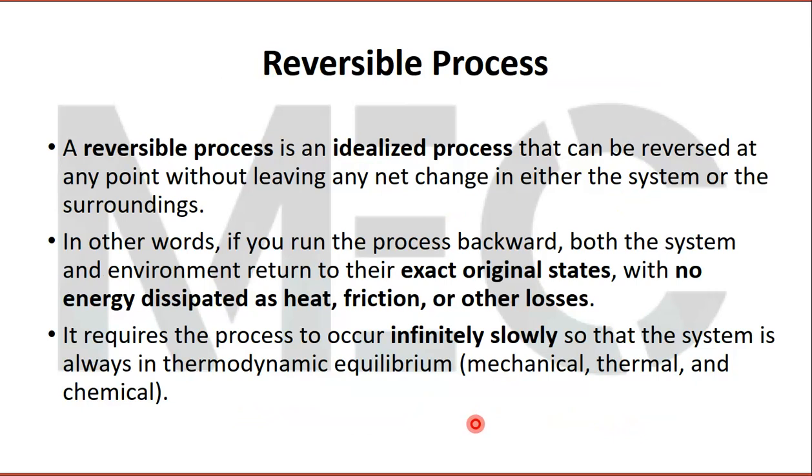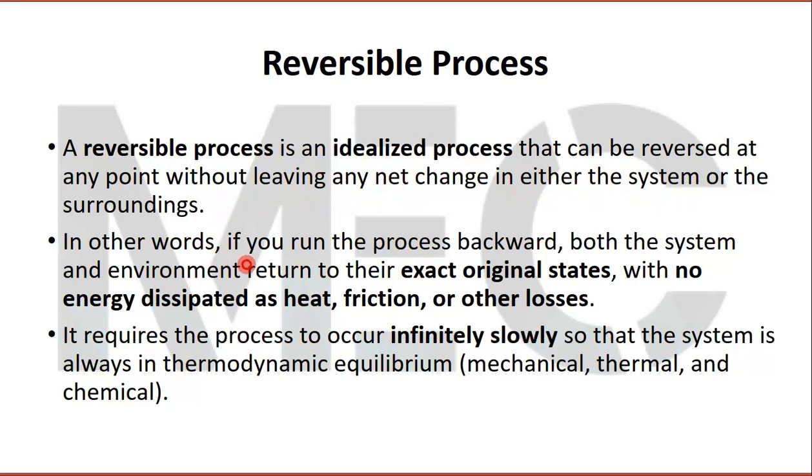Okay, what is a reversible process? A reversible process is an idealized process that can be reversed at any point without leaving any net change in either the system or the surroundings.